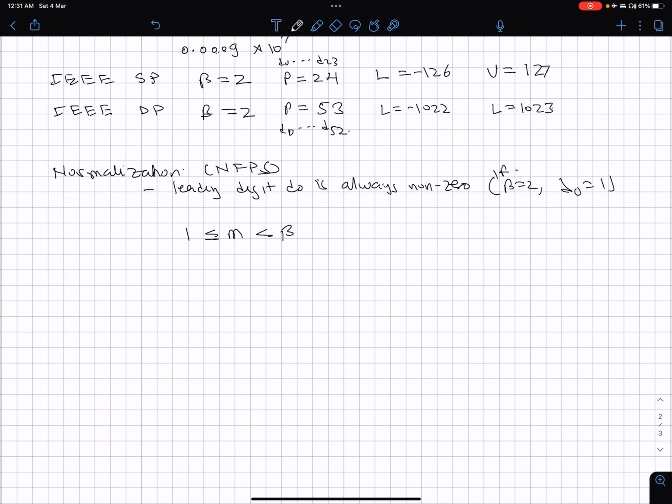Let's check this. You remember this is how it is, D0 to D(p minus 1). If D0 is always 1 and I set all the rest to 0, then the number will become basically 1, which is the lower limit above.